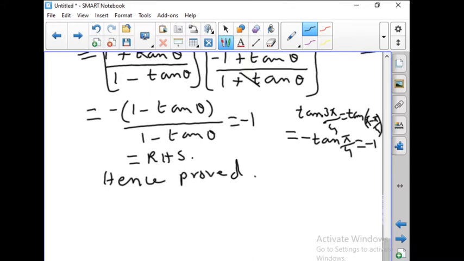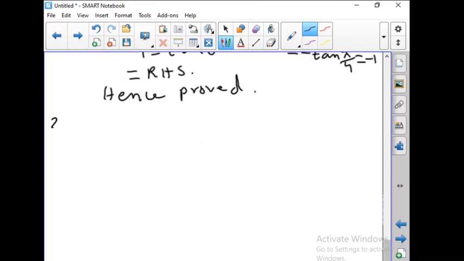Now question number 24. Find the value of tan of alpha plus beta given that cot alpha is equal to 1 by 2 and secant beta is equal to minus 5 by 3.